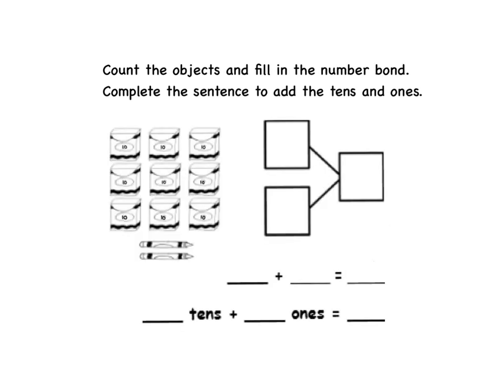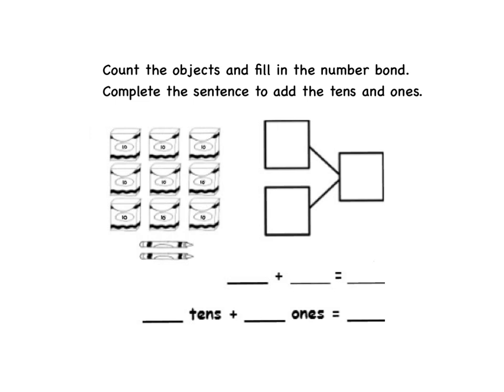This next question says, count the objects and fill in the number bond, which is right here, and then complete the sentence to add the tens and ones. Instead of unit blocks, in this question, we're looking at crayons. 1 crayon is 1 single unit, where a box of crayons is going to be our bundle of 10.